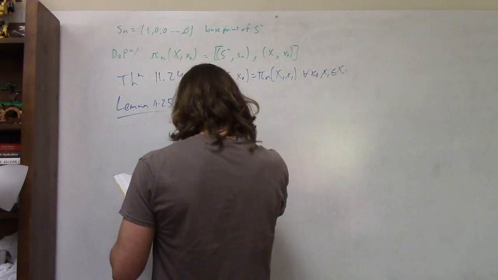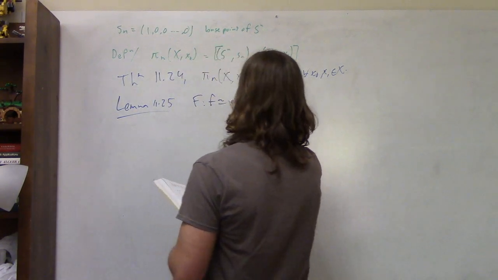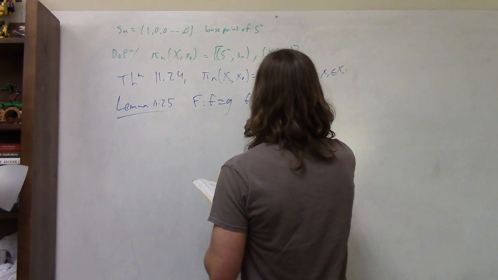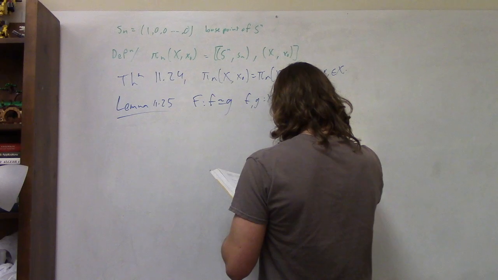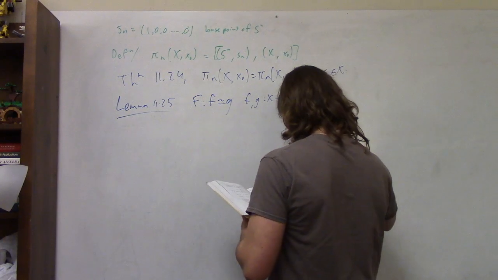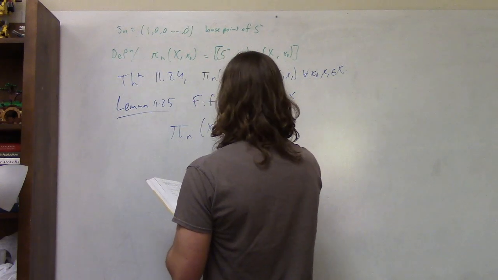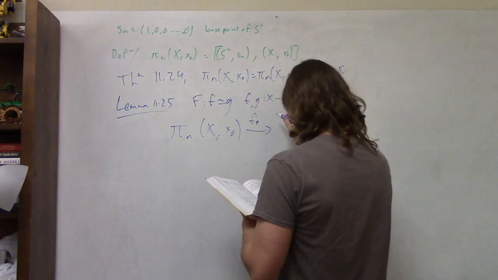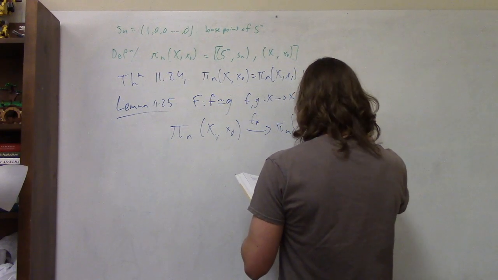Using this, we have F being a witness to the homotopy between F and G, where F and G are maps from X to X. So we get this commuting diagram: pi n of (X, x0), F star, then a map to pi n of (X, F of x0).